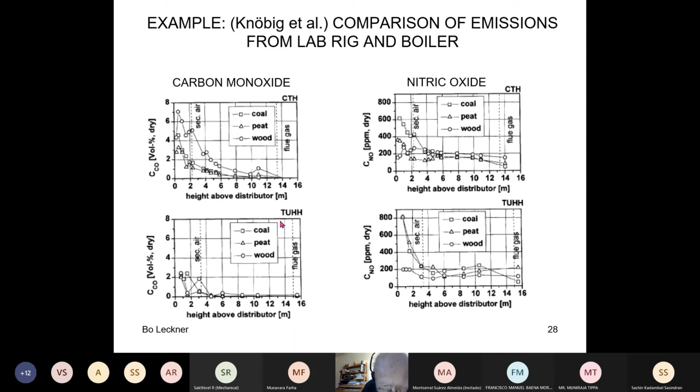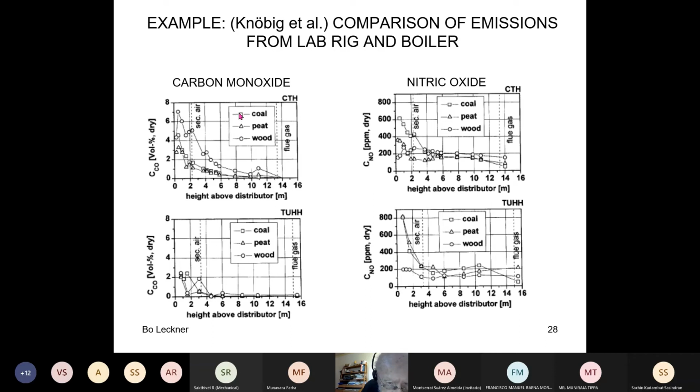This is Chalmers, and this is the German research equipment. In this case, it was the CO, carbon monoxide. In the case of wood, we had a high concentration initially of carbon monoxide, and then it declined like this, and it was almost zero at the exit.